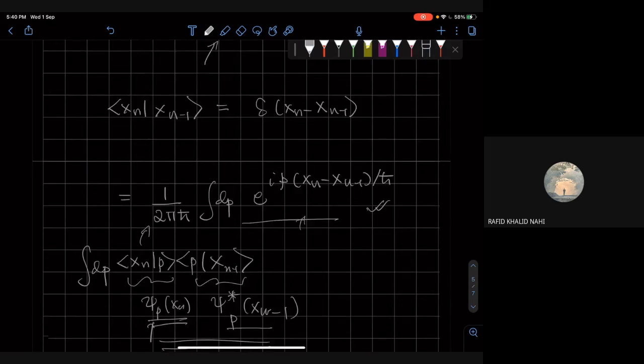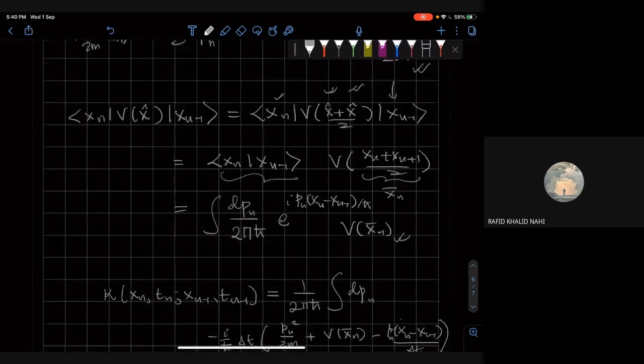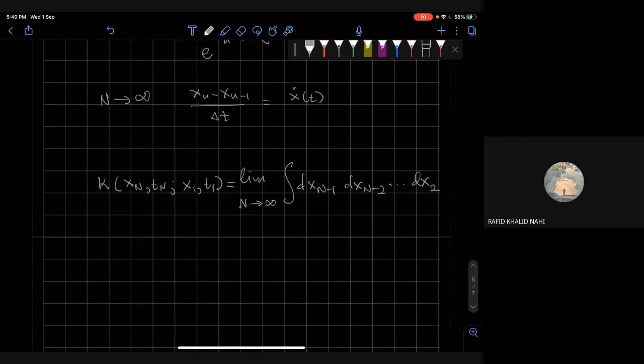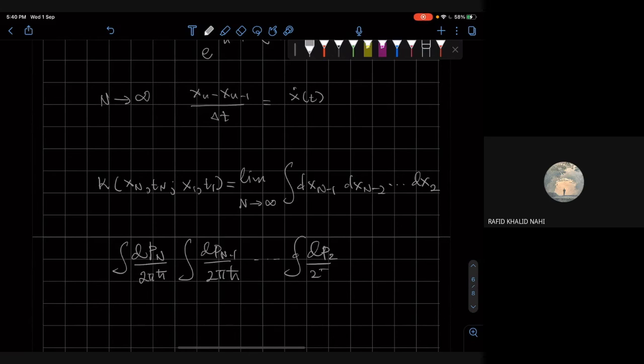So the p integral is going to be exactly dpn divided by 2 pi h bar, then dp(n minus 1) over 2 pi h bar, dot, dot, dot, integral of dp2 over 2 pi h bar, right?